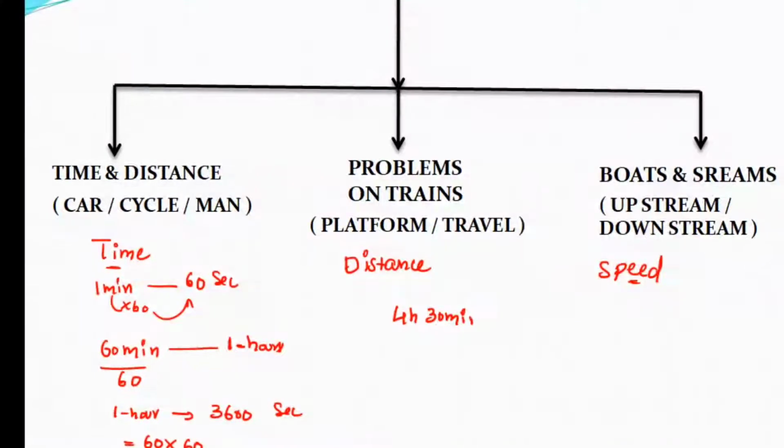For example, convert 4 hours 30 minutes into hours. How? First, convert the hours into minutes: 4 into 60 is 240 minutes, plus 30 minutes is equal to 270 minutes.